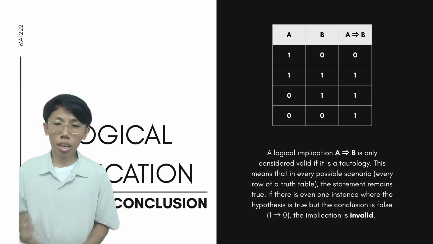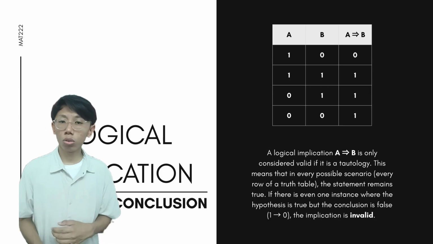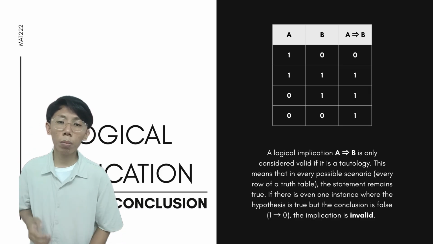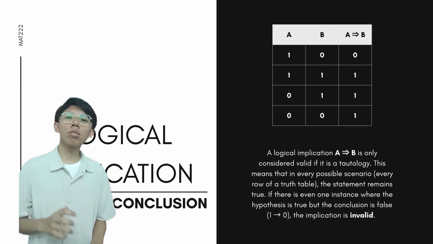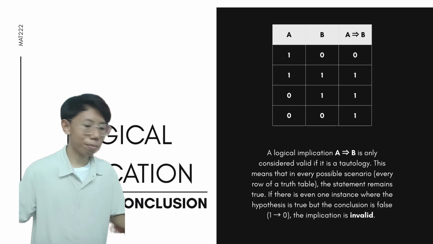This means that in every possible scenario, every row of a truth table, even if there is one instance where the hypothesis is true but the conclusion is false, the implication is invalid.